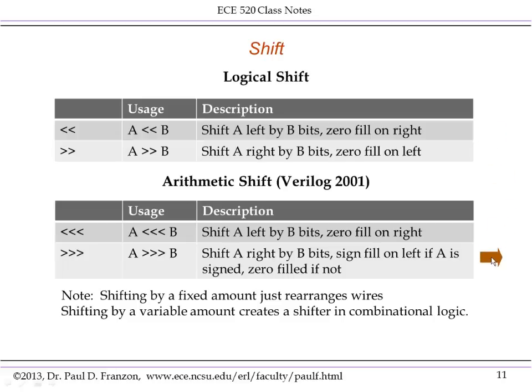In arithmetic shift, for the right arithmetic shift, if A is declared as a signed variable, then it's not 0 filled, it is sign filled. That is the most significant bit of A, the sign bit of A. Remember, in 2's complement arithmetic, if the most significant bit is 1, that means you have a negative number. So you want to preserve that, and you preserve that by having a signed shift.